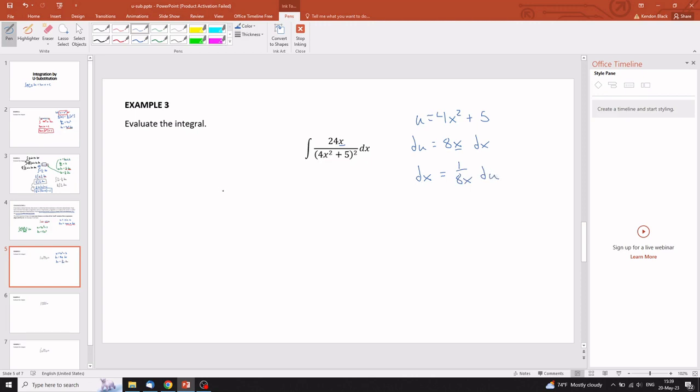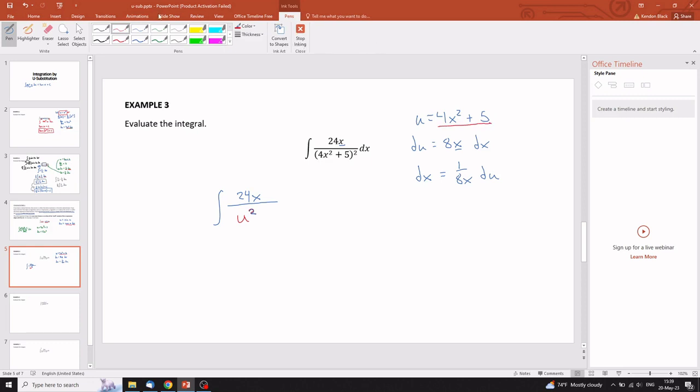Now let's go ahead and make our substitutions. We have the integral 24x over u squared. So that's our u expression, u squared.